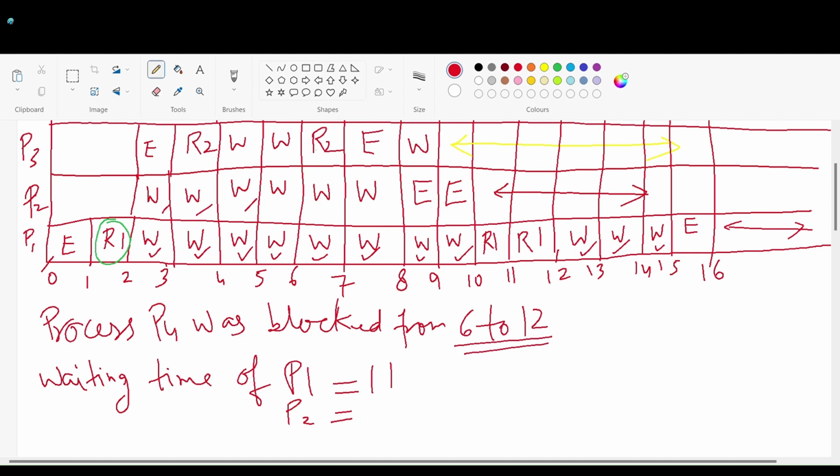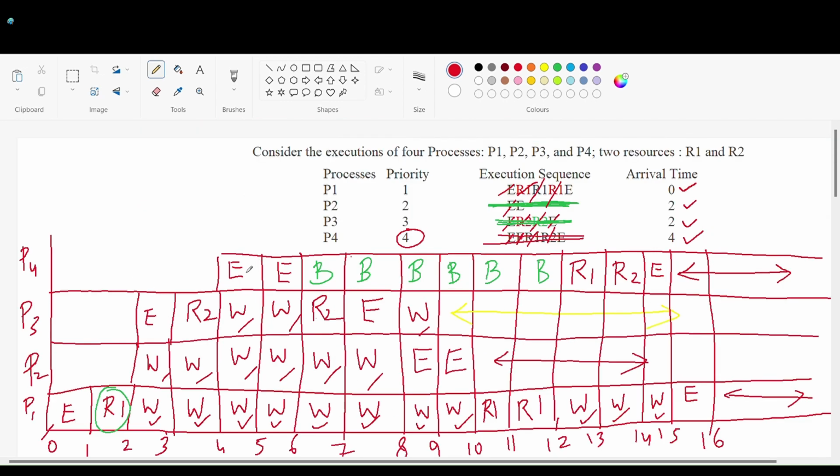So the waiting time of P1 is 11. The waiting time of P2 is how much? 1, 2, 3, 4, 5, 6. 6. The waiting time of P3 is 1, 2, 3.